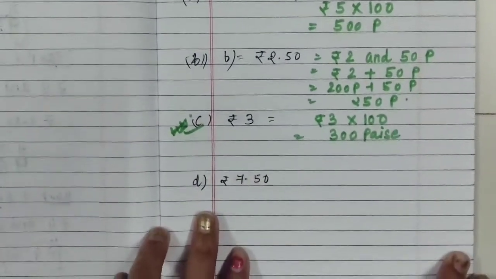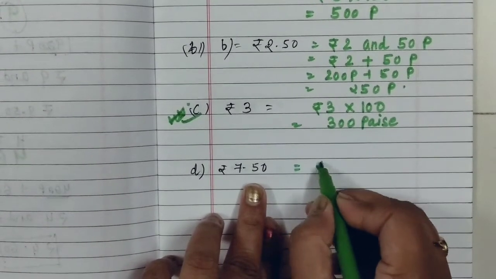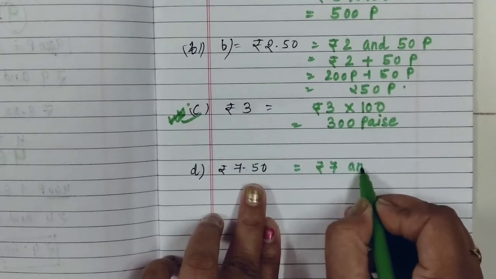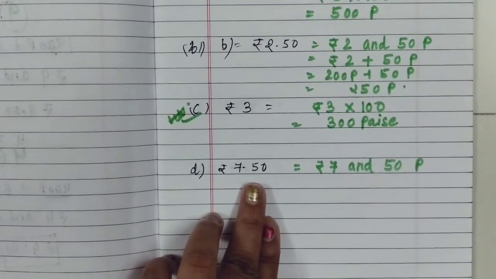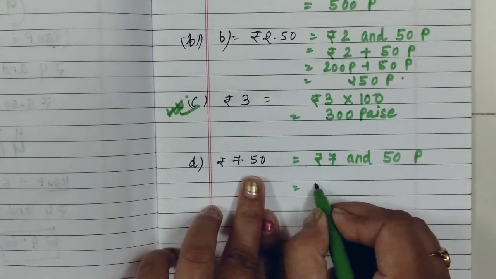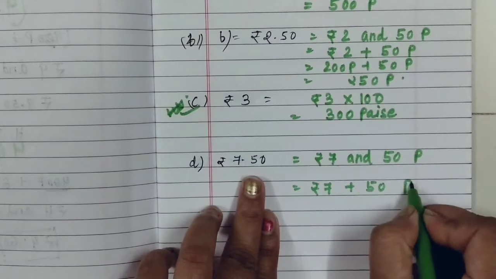Okay, next rupees 7.50. How you can write it? You can write it as rupees 7 and 50 paisa when you write it in words, or you can write it as rupees 7 plus 50 paisa.